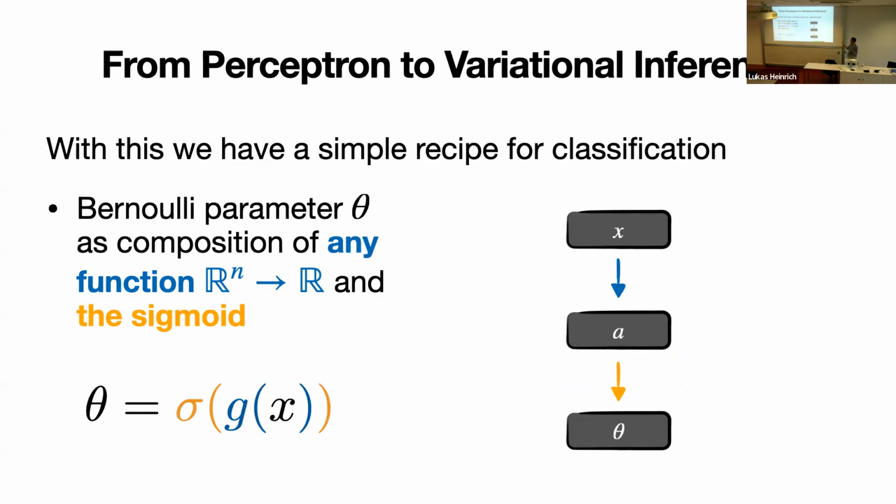So this gives us a 1-dimensional function between minus infinity and infinity. And in order to make it a good function that can map into the parameter of the Bernoulli distribution, we squash it using the sigmoid or logistic function. And then we're done, right? Then we can stick it into our Bernoulli, and we have our variational inference procedure.